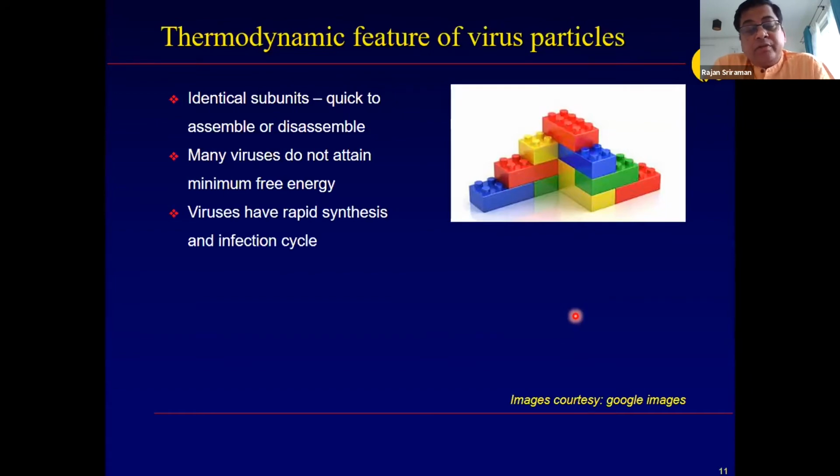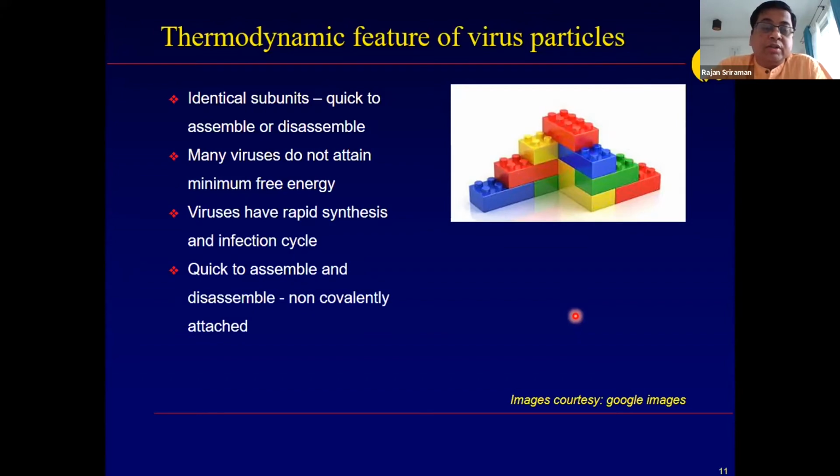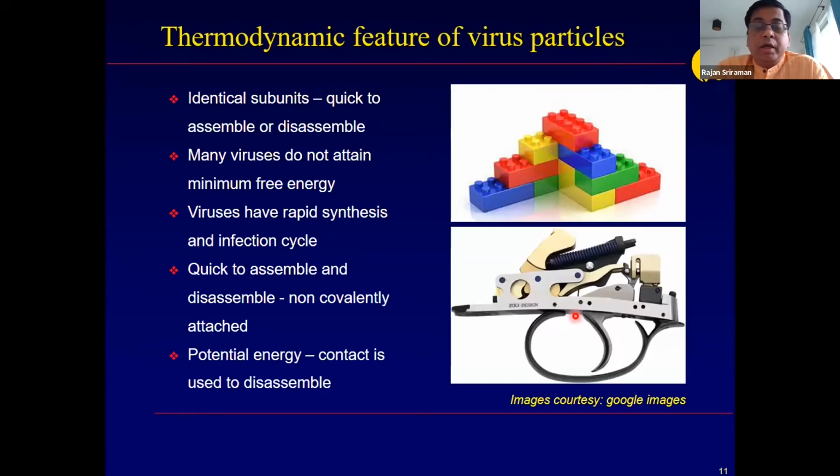As I said, viruses have to synthesize rapidly because the infection cycle is fast, and quick assembly and disassembly is also favored by the fact that there are no covalent linkages between the subunits. A mere potential energy is enough to disassemble, which is more like a trigger. So a virus is potentially waiting to explode the moment it finds its own receptor.